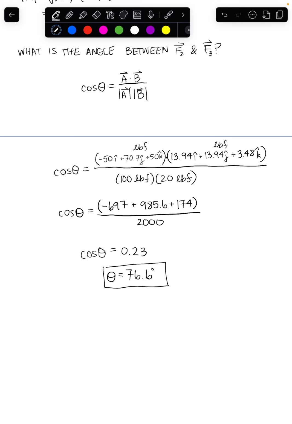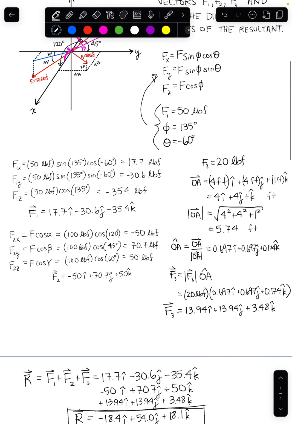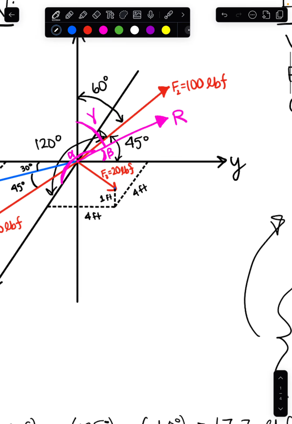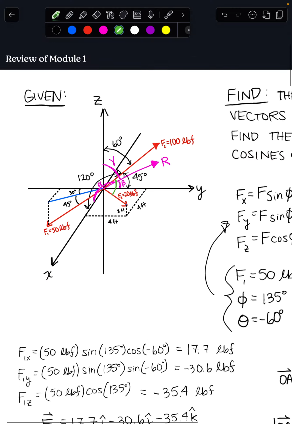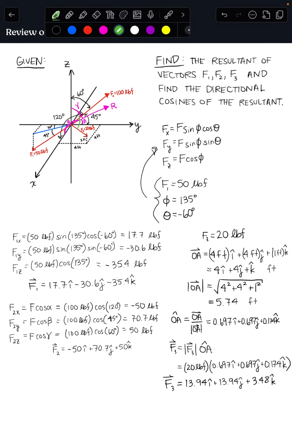Okay, so that's our angle between F2 and F3. So that's our angle, in another color, here, between our two vectors F2 and F3. All right, so in the next video, we will get started with the next module and with chapter 3, equilibrium of particles.